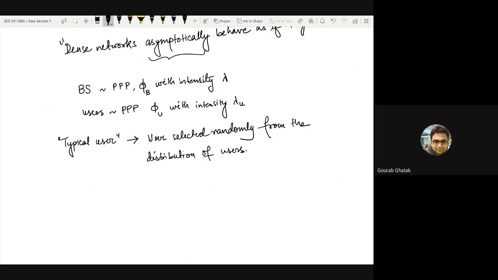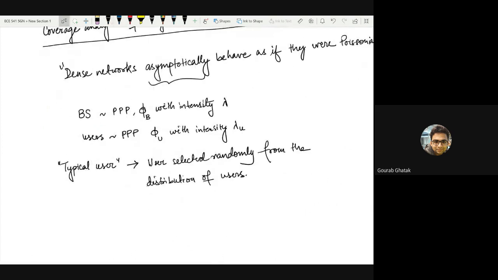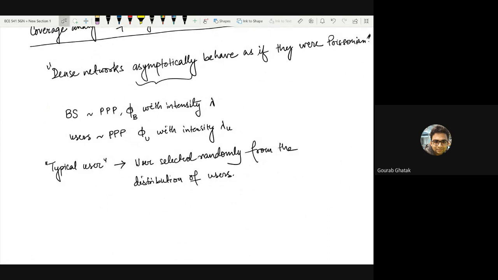It means that suppose you have in one realization 10 users, you would sample one of them uniformly in case of a Poisson point process, and you will probably select user number 4. And you are trying to observe the coverage performance of that user number 4. Probably in the second realization of this entire network, you have gotten 20 users. You randomly select another user from this set of 20 users.